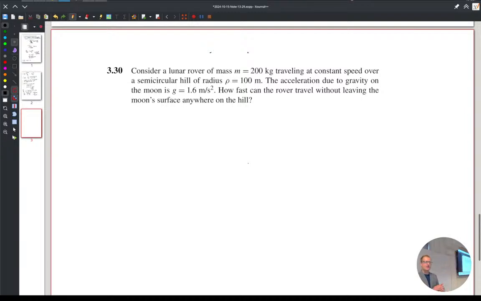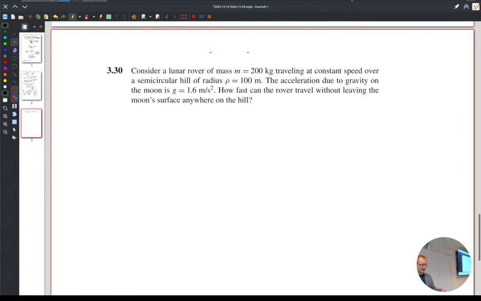Okay, so we have this problem of a lunar rover traveling at constant speed over a semicircular hill. We're calling it semicircular, but really it's a constant radius of curvature along this hill, same as driving over Horse Barn Hill, something like that.